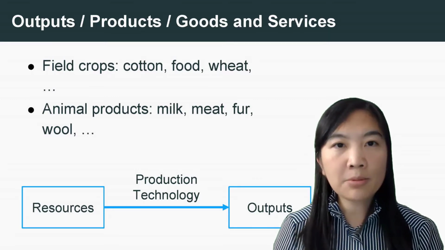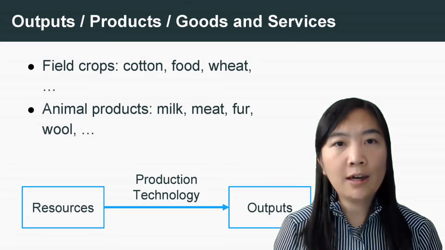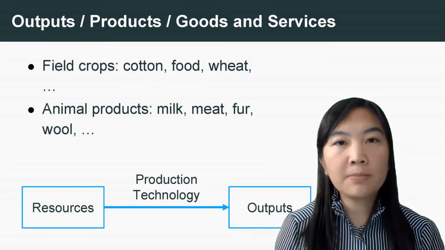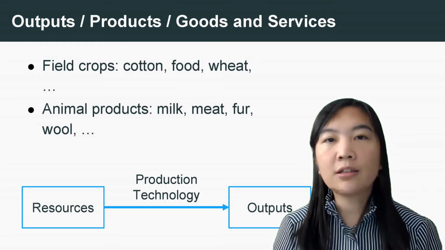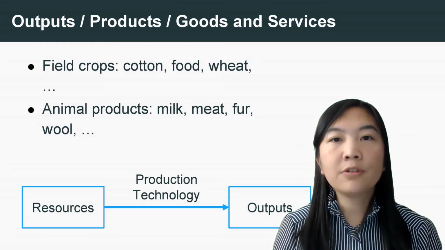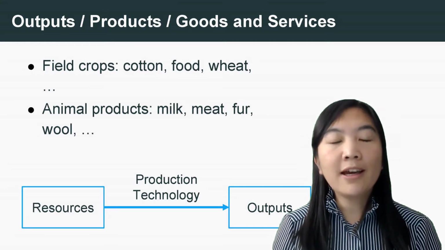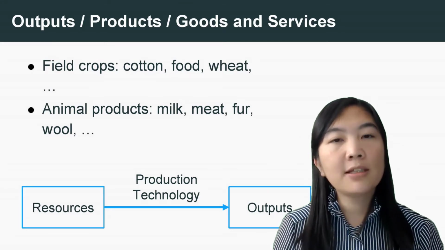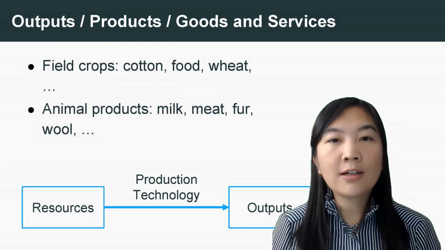In agricultural production, there are usually 2 types of outputs. For crops, the examples are cotton, wheat, and so on. And for animal products, the outputs are usually milk, meat, fur, wool, and so on.